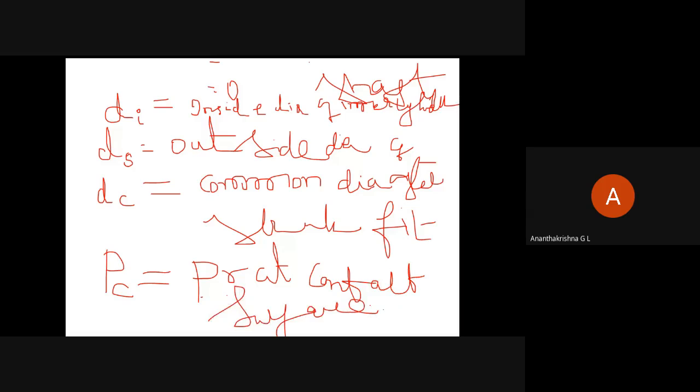So now what you do is take equations 7.35 to 7.38 from the cylinders chapter, which will give us tangential stress at the inner surface of the inner cylinder, tangential stress at the outer surface of the inner cylinder, then tangential stress at the inner surface of the outer cylinder and tangential stress at the outer surface of the outer cylinder. Please note down those equations from your data handbook.